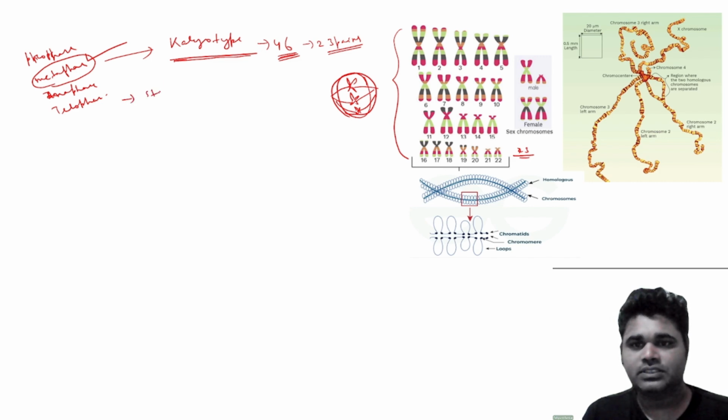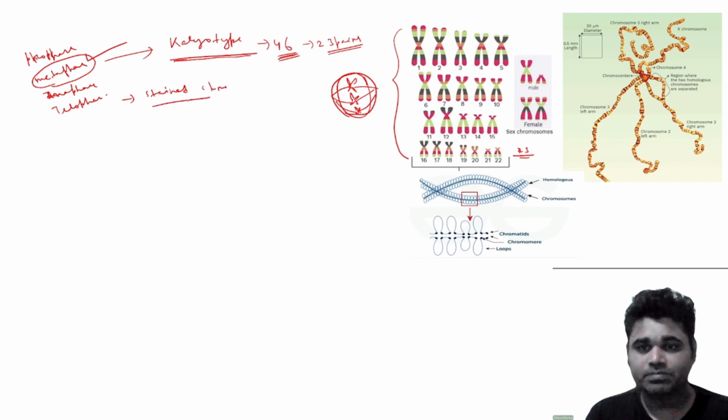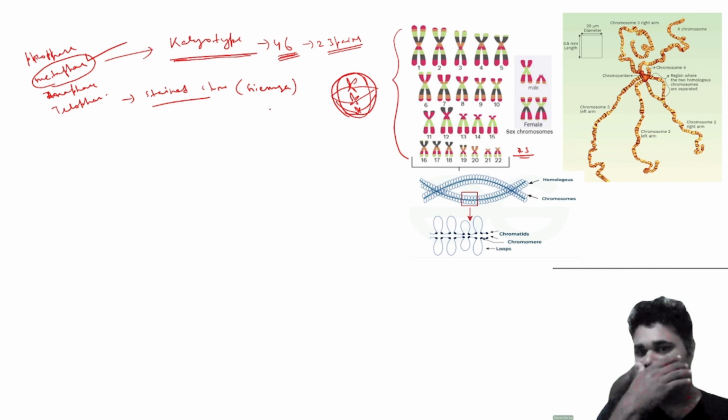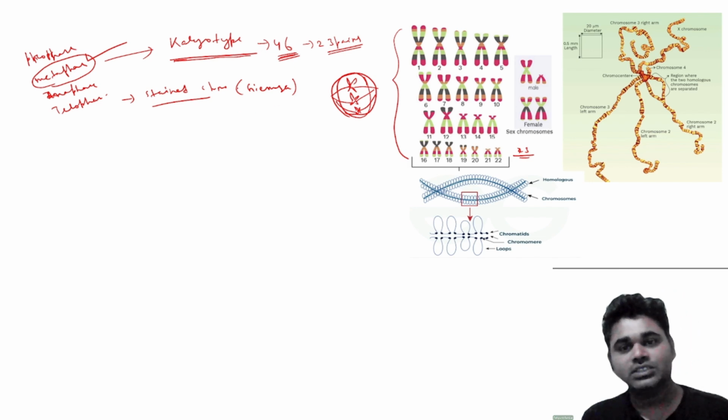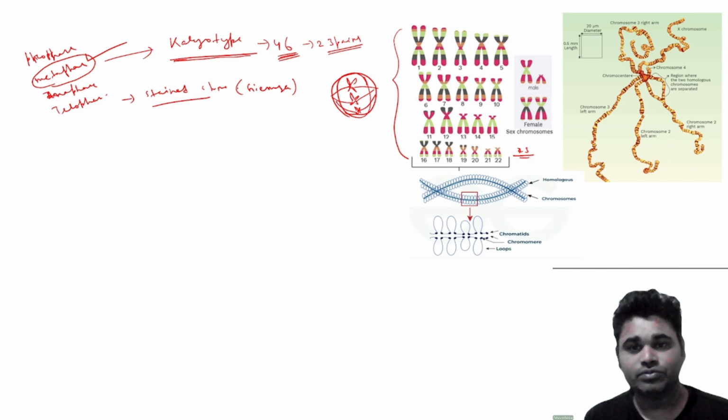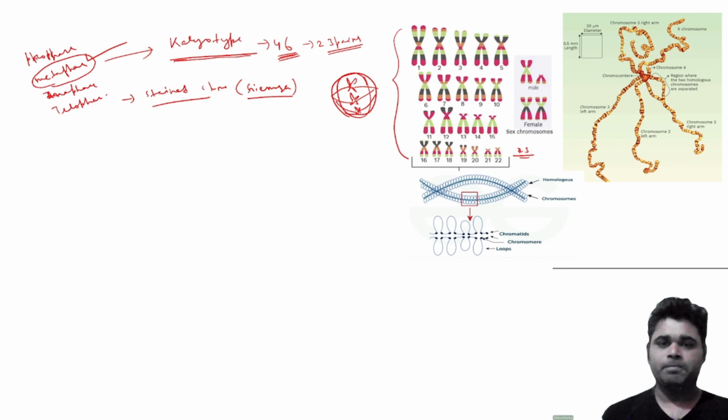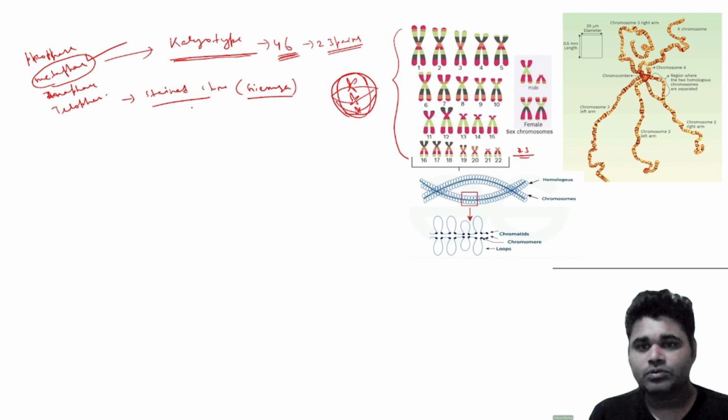During the metaphase we stain the chromosomes, and a specific stain is used, called the Giemsa stain, to stain or dye the chromosomes. After the staining by the Giemsa, we can take the photo.